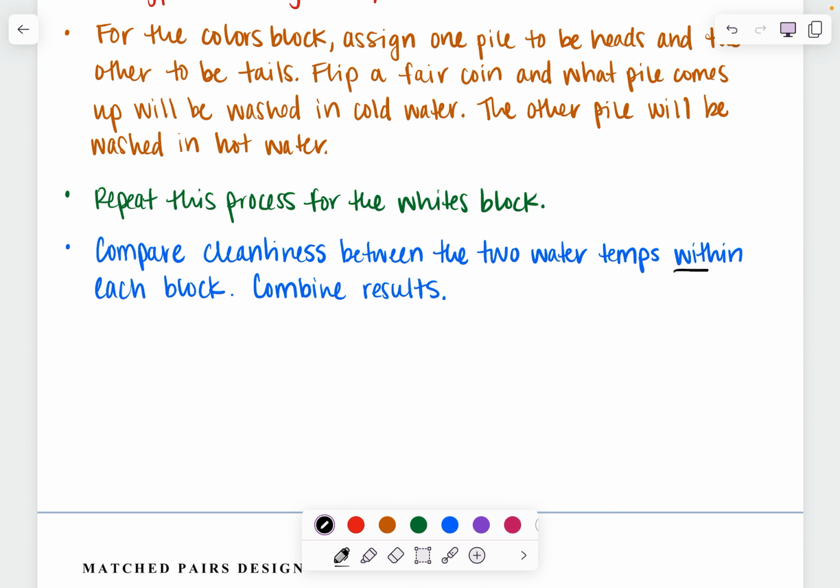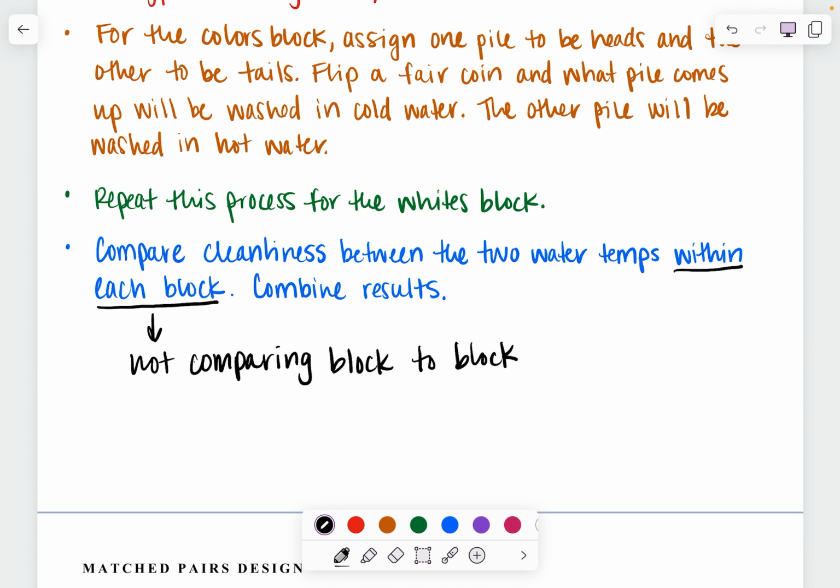The big thing here is you are not comparing block to block. You are only comparing within the block, and then you're seeing if your results are consistent. So when I look at the colored laundry, am I doing better in cold water?